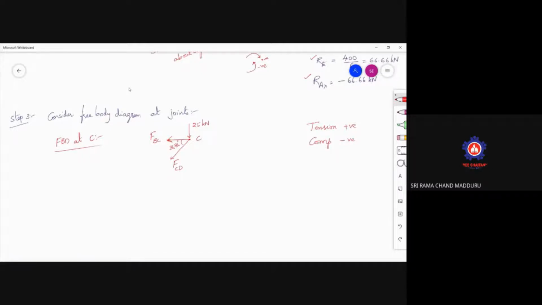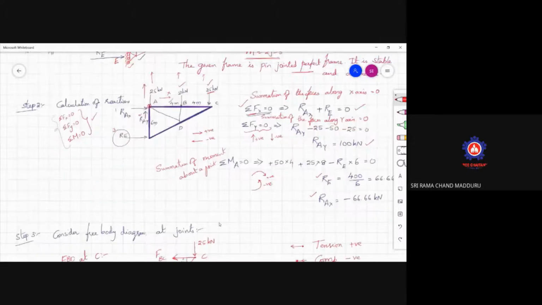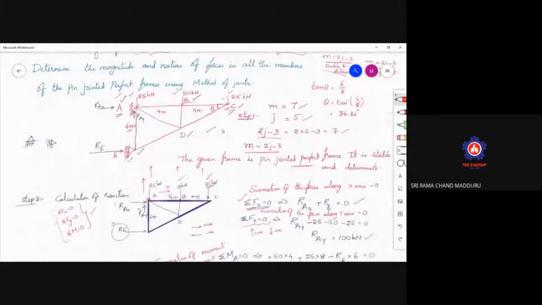In case of tension, the force is represented going away from the joint. Compression means the force is acting towards the joint. Now, here FBC and FCD are the two forces, and they make an angle of 36.86 degrees.